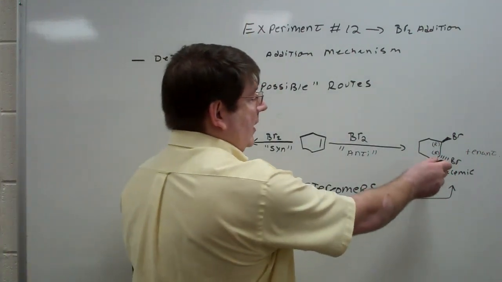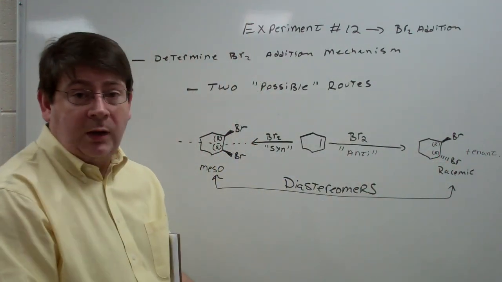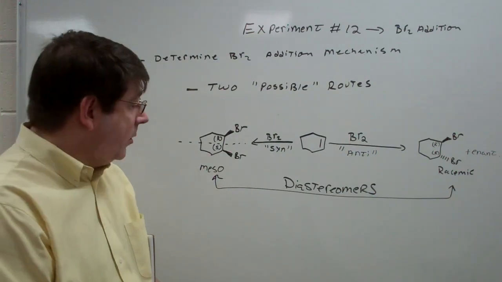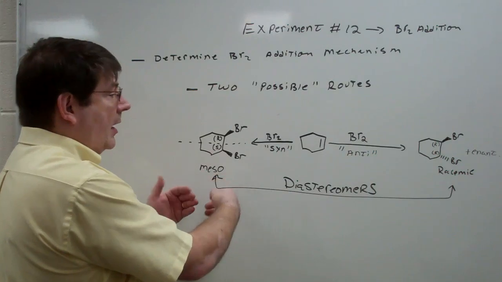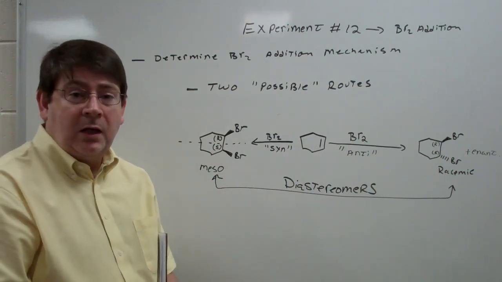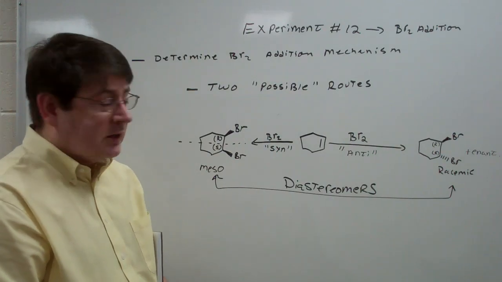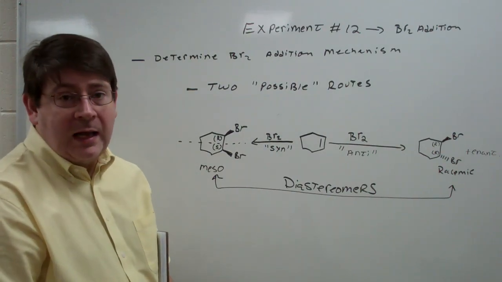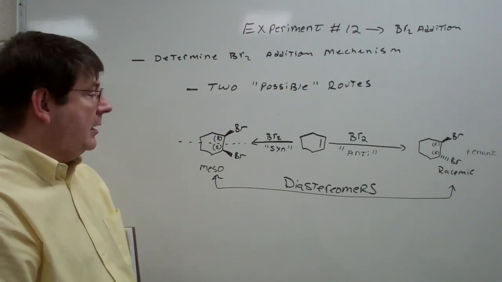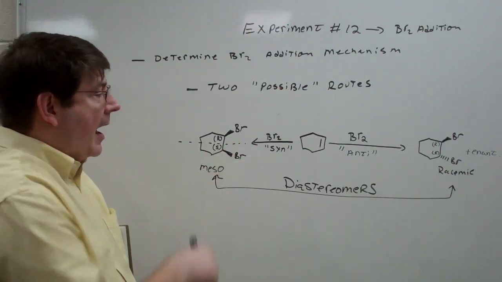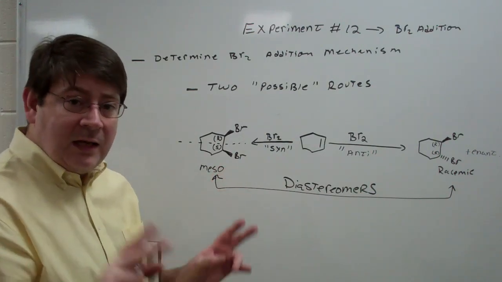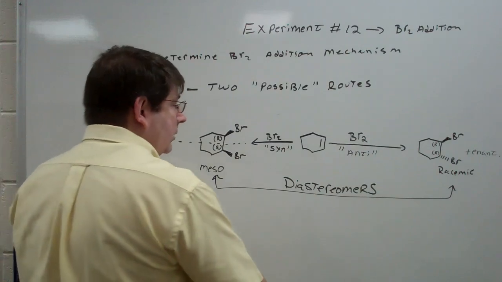That means we would expect this racemic mixture to have different boiling points, different melting points, and different NMR spectra, for example, as opposed to the meso compound, which would have different physical properties. So we can isolate the products that we get, analyze them, and determine whether the mechanism of bromine addition is either syn or anti. I want to quickly talk about how the mechanism goes for the quote-unquote anti-addition and the syn addition.